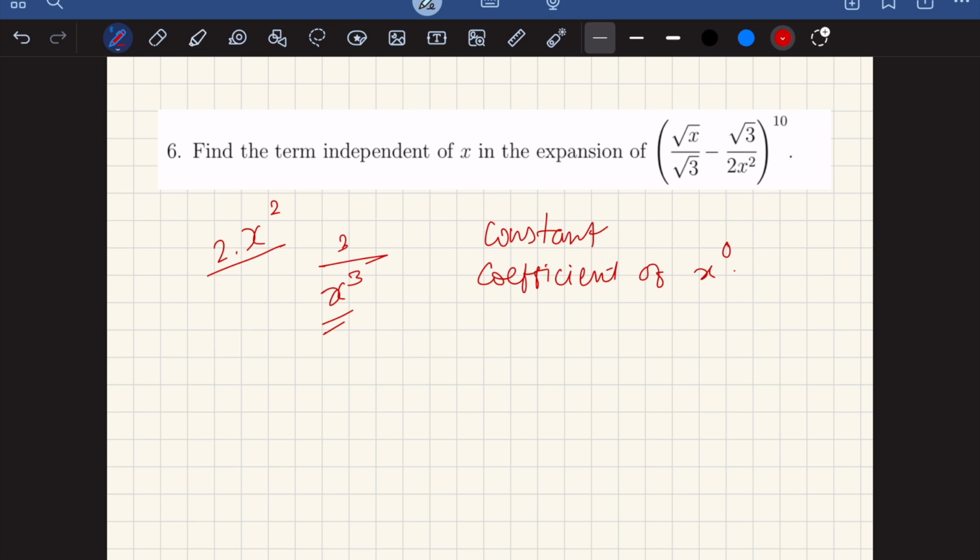Someone says combination. So a lot of people say combination.